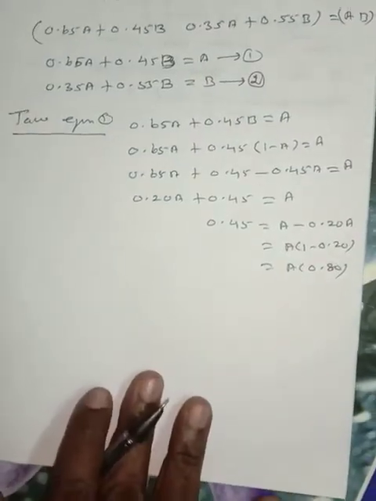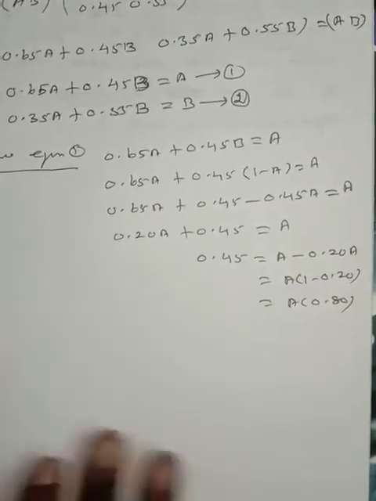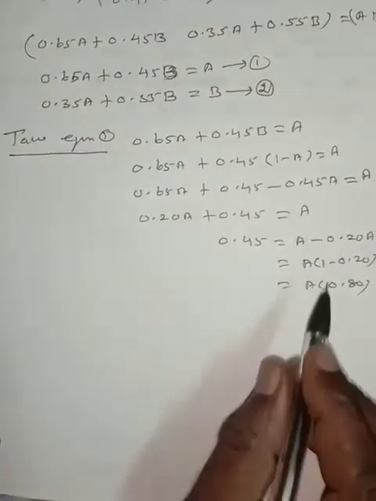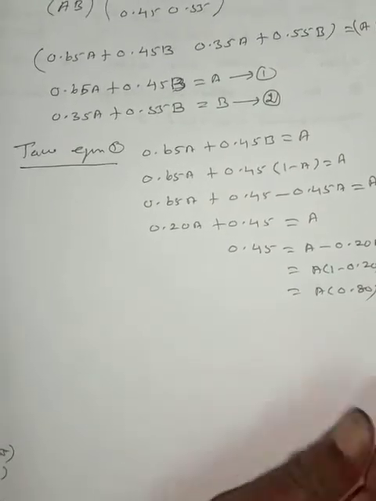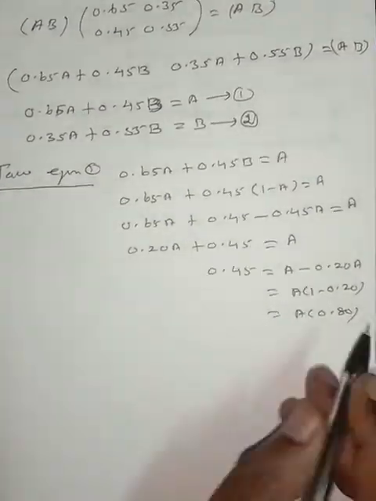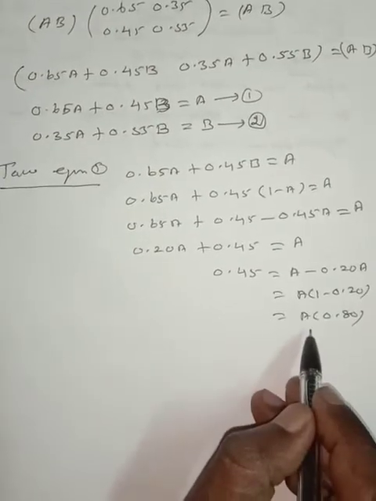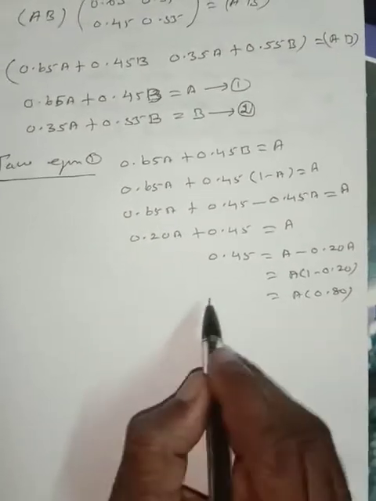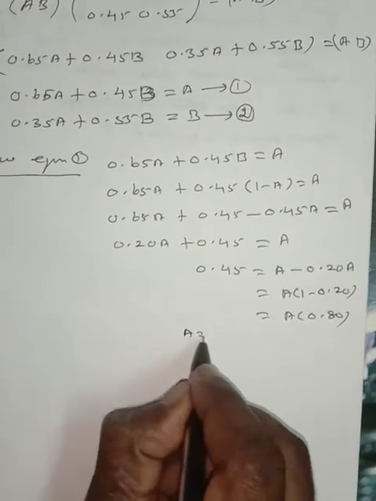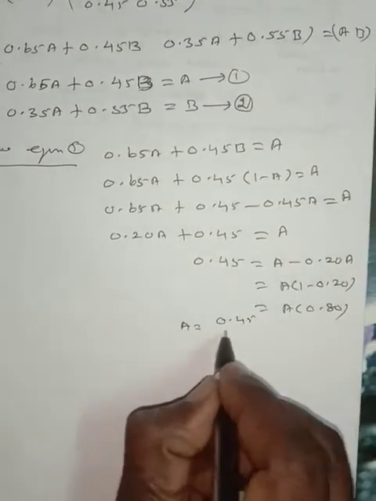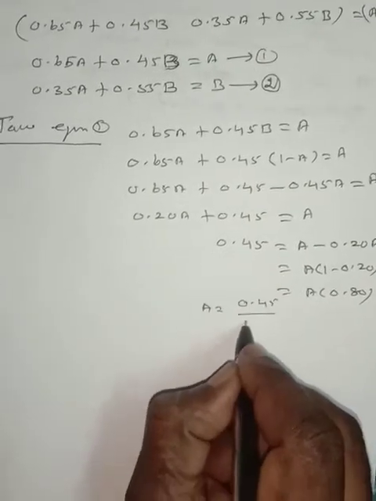Therefore A is equal to 0.45 divided by 0.80.